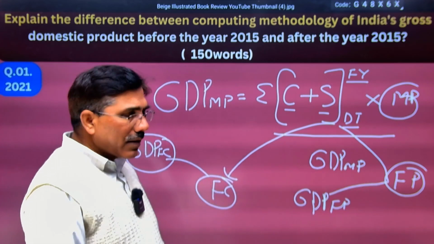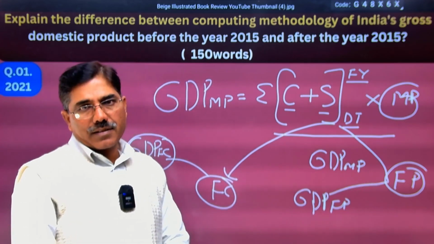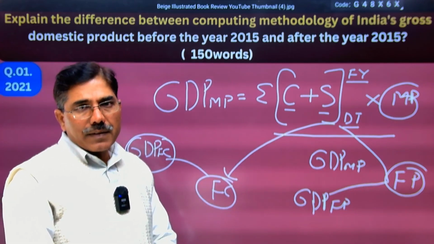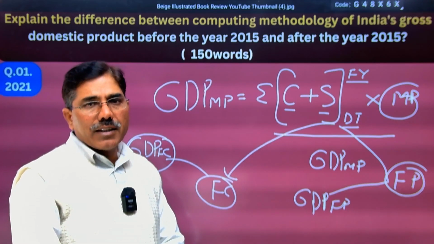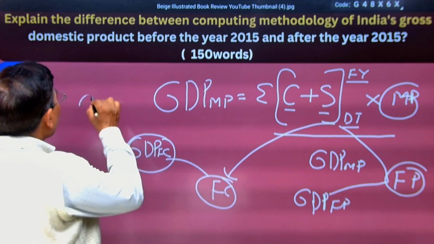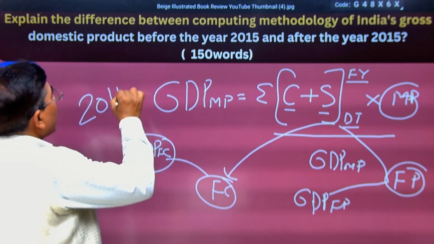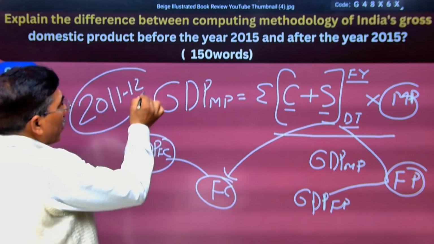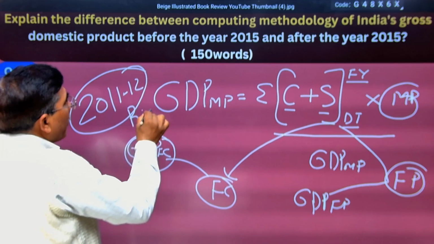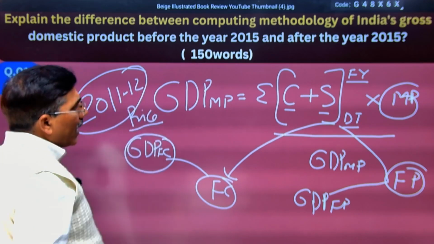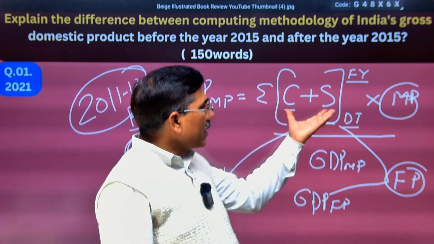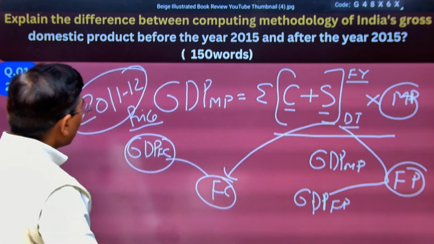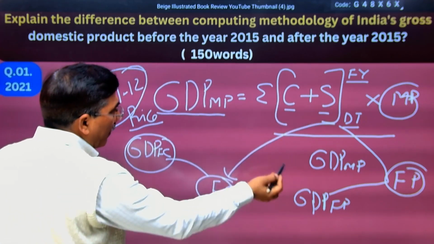Fixed price is what? Base year price. Generally, when we say fixed price, that is known as base year price. As you know, presently we are using the base year 2011-12. When we calculate the value of our GDP at 2011-12 prices, that is known as GDP at fixed price.